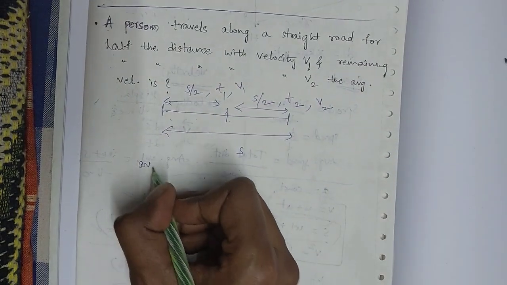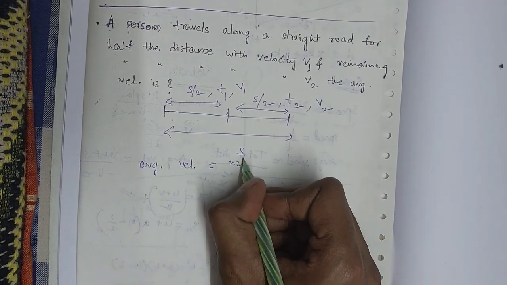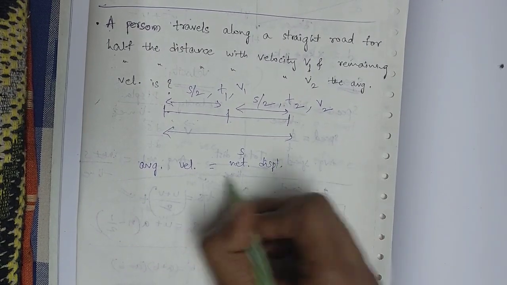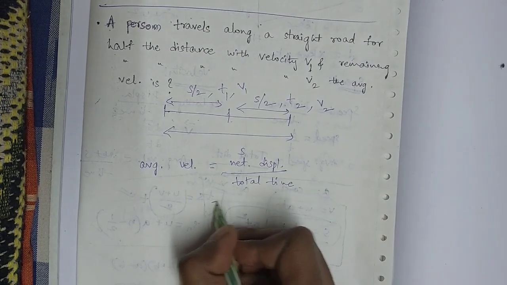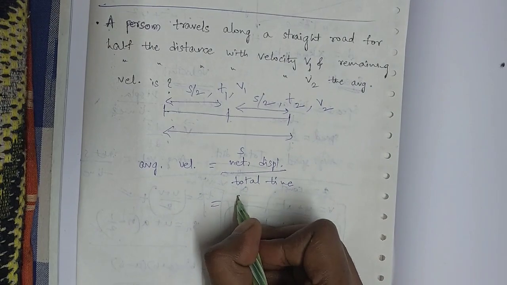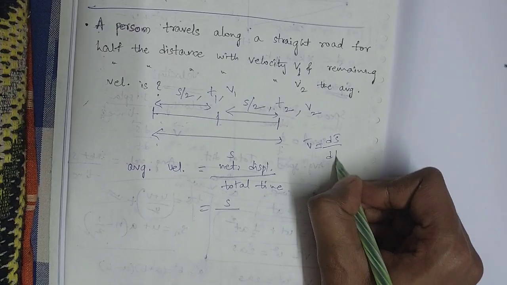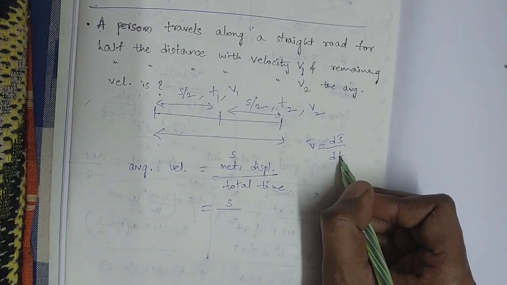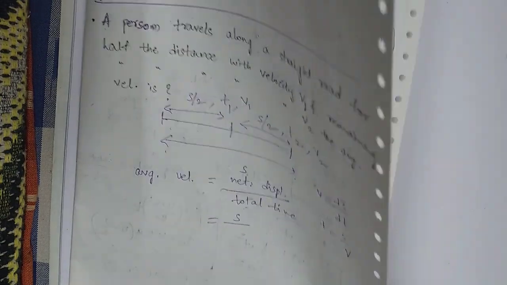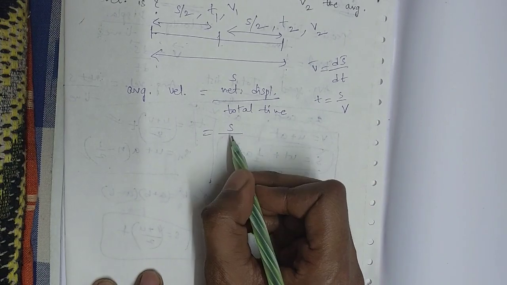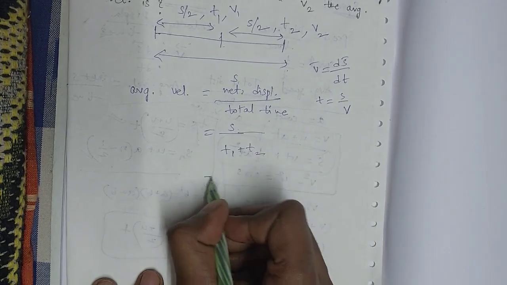Actually, the average velocity formula is net displacement by total time taken. Total displacement is s itself. We have v bar equals ds bar by dt. In the place of t, we can substitute s by v. So total displacement is s, total time taken is t1 plus t2.